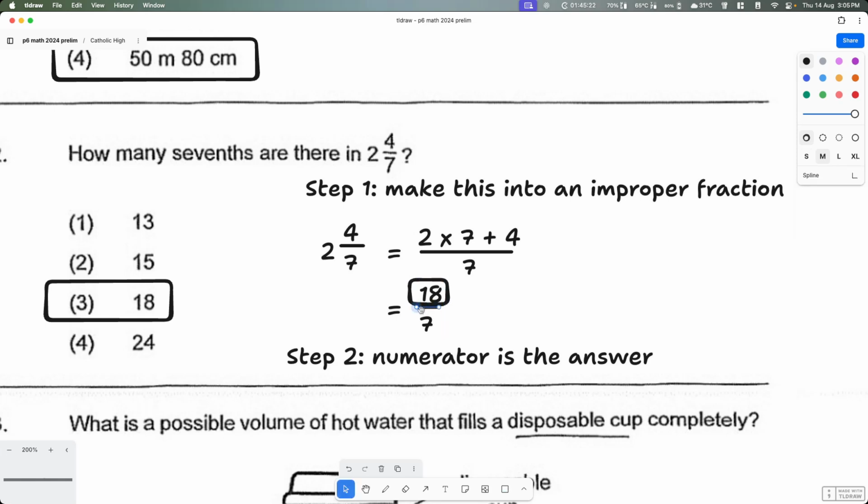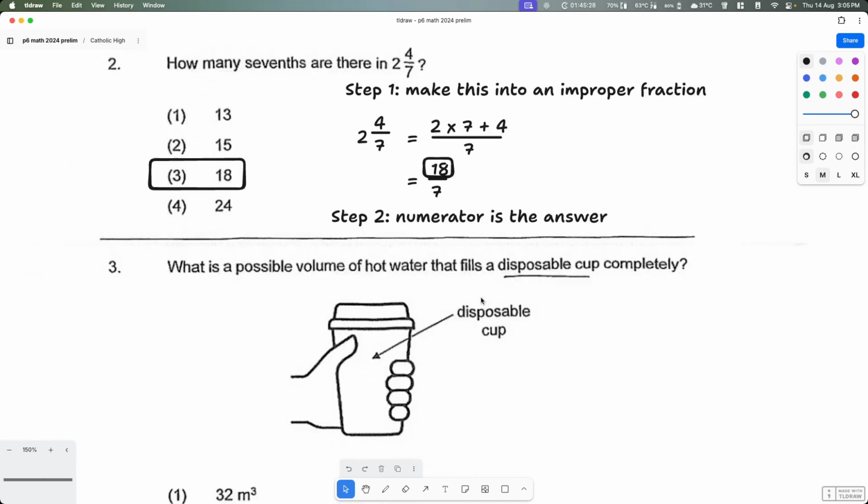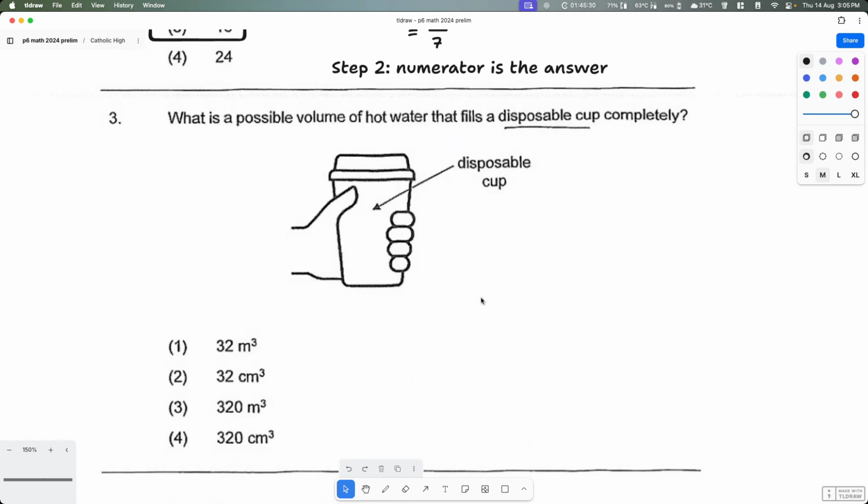So let's move on to the next question. Question number 3. What is the possible volume of hot water that fills a disposable cup completely? Your normal water bottle contains around 500 milliliters, so 500 centimeter cube.